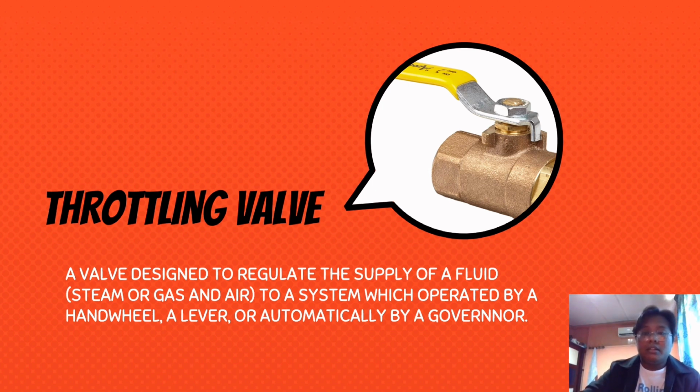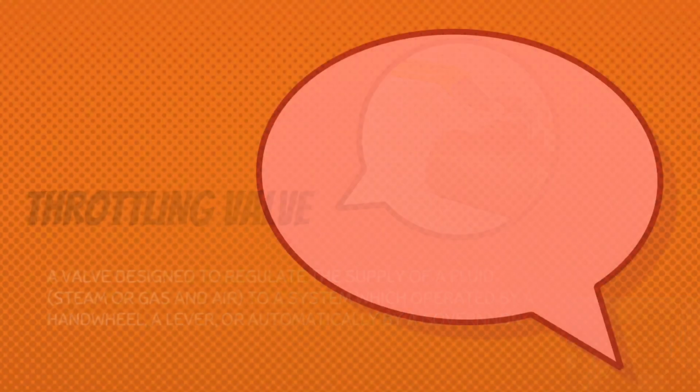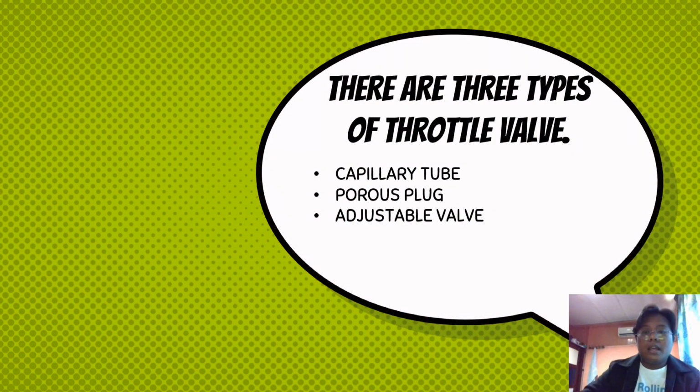Next, there are three types of throttle valve. The first one is the capillary tube, the second one is the porous plug, and the last one is the adjustable valve. And we choose the adjustable valve.